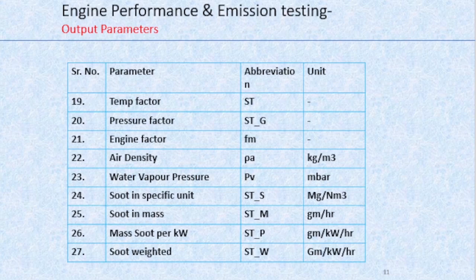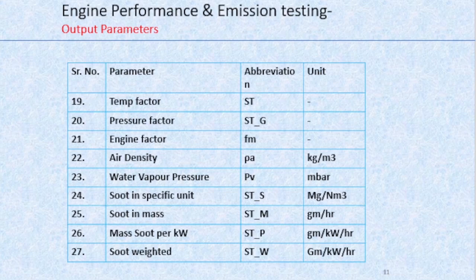FM here is called the engine factor, and CF is given by FA raised to FM, where A is equal to 1 and B is equal to 0.7 for a naturally aspirated engine, while A is equal to 0.7 and B is equal to 1.5 for a turbocharged engine.